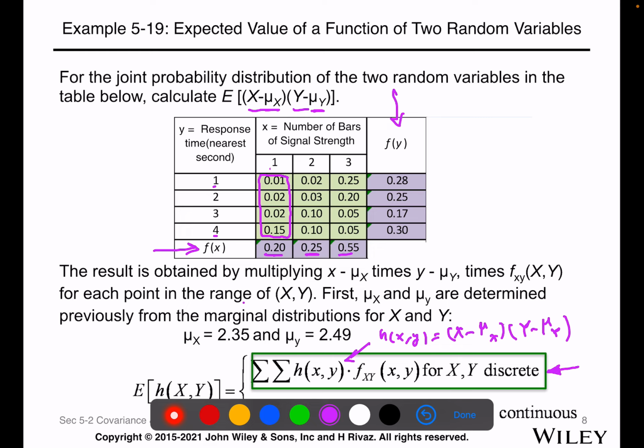It's always a good idea to do a sanity check to make sure everything is fine. If I add up these 3 numbers, what do I get? 1, and that should be the case because x can be either 1, 2, or 3. So probability of x equal to 1 plus probability of x equal to 2 plus probability of x equal to 3 must be 1.